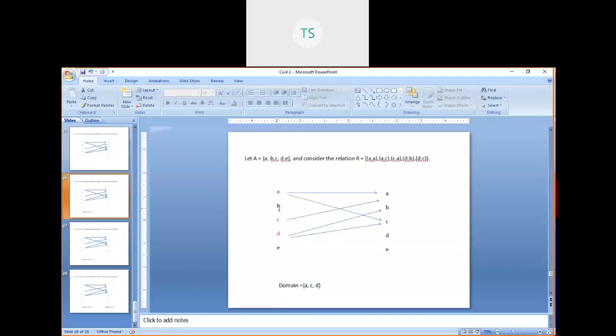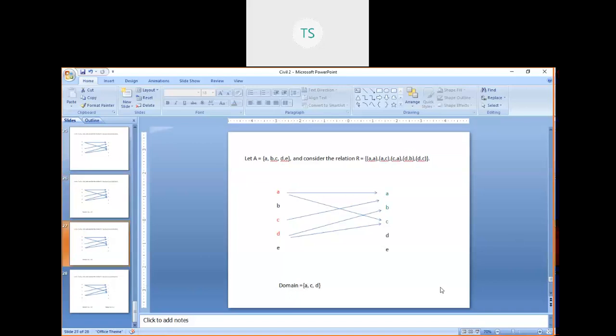So that's why I have excluded B and E. So the domain is the elements from which we are getting the relation. For this particular example, it includes A, C and D. So you have to remember the name: domain is equal to A, C, D.